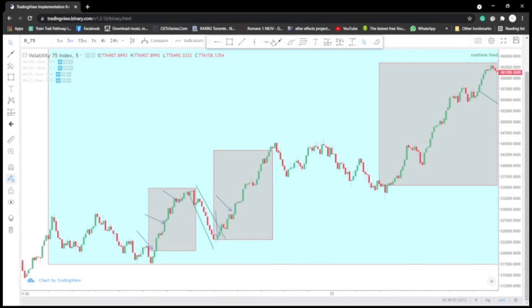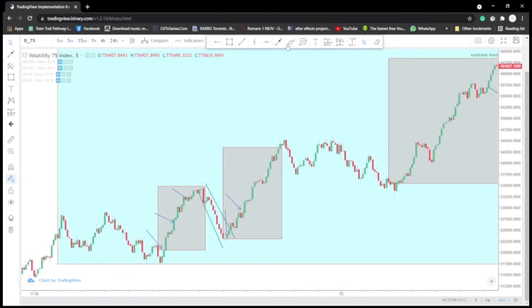Okay, so one, two, and here is a sideways. This is a retest, and then a third level, guys. Guys, I hope you're following. A third level that even has a base.